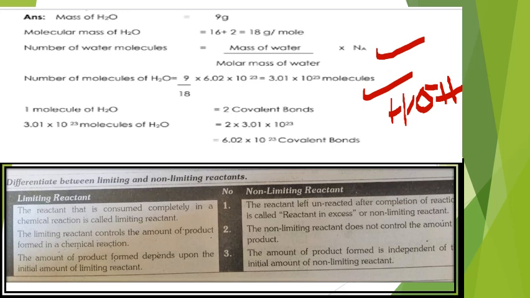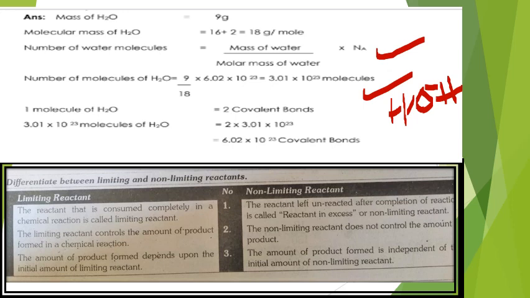I hope you can understand it well now. Limiting reactant is the reactant which is consumed completely, or it gives the lowest number of moles of the product. Do you remember? It gives you the least amount of product. It is completely consumed in the chemical reaction. The whole reaction depends upon the quantity of the limiting reactant, how much of it is taken.